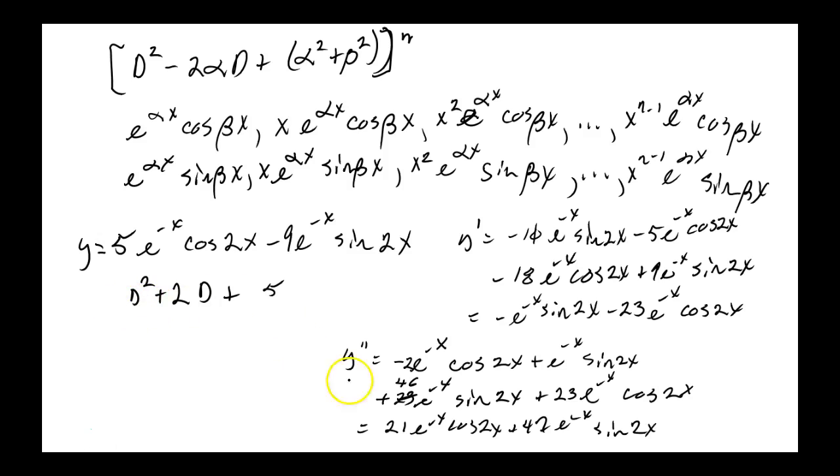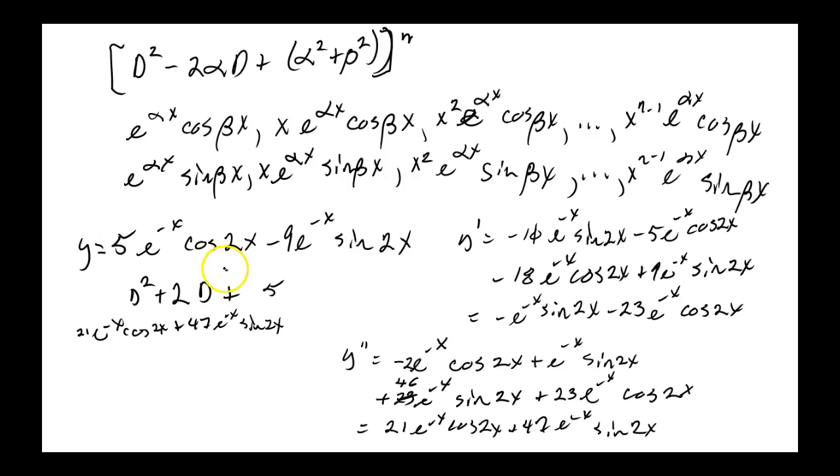Okay, so your y double prime corresponds to this one at the bottom. So that's going to be, I guess I'll write it down, 21e to the minus x cosine 2x plus 47e to the minus x sine 2x.